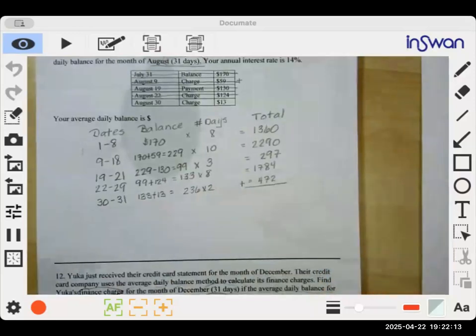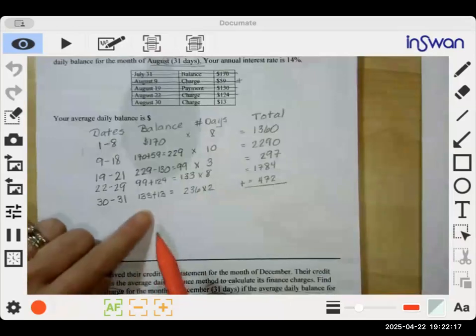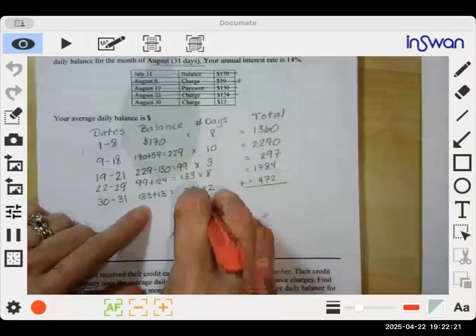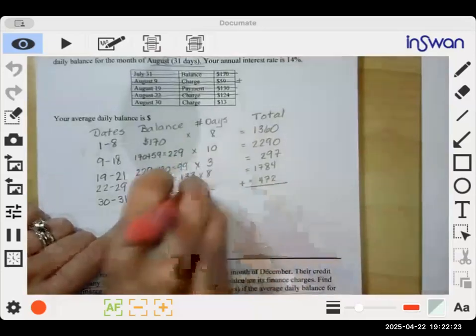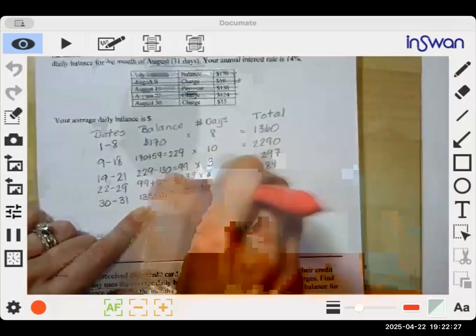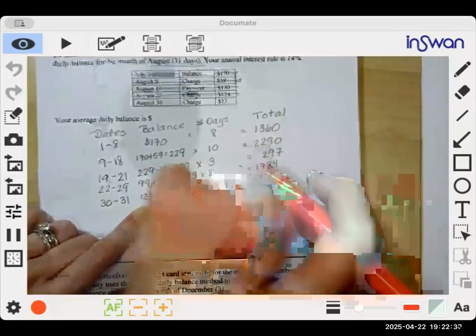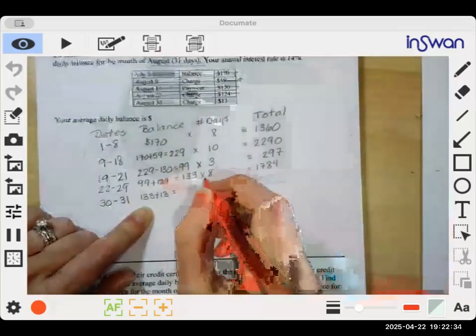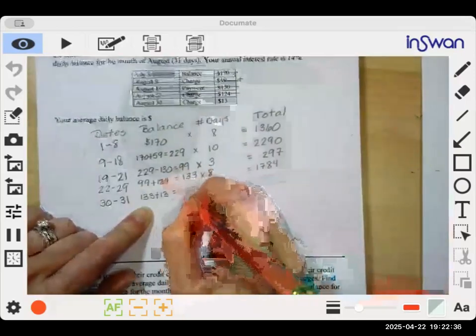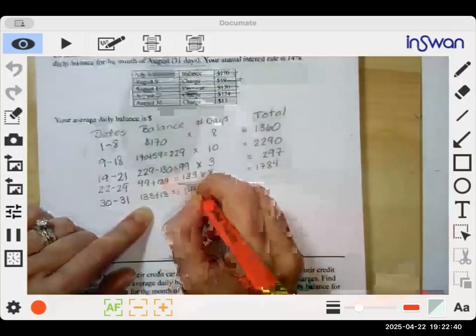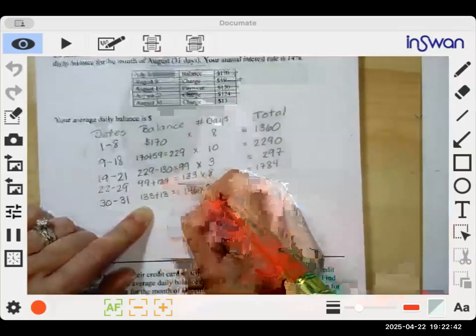Professor, 133 plus 13, I think, is 146. Where did I get that number from? Oh, my dog's licking my feet. So 146 times 2.